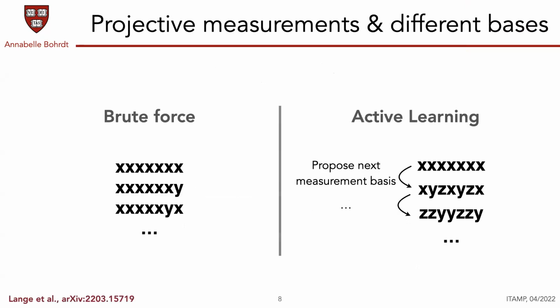Now, if you do that brute force, there's a lot of combinations to go through, right? So if you just say, I'm going to take my system, whatever it is, and go through all the possible basis configurations, this will be a lot of effort. And I should also mention that it's kind of even worse than that, right? Because say you start from this XXX configuration, what you do is you really measure snapshots. So doing one measurement is not enough.